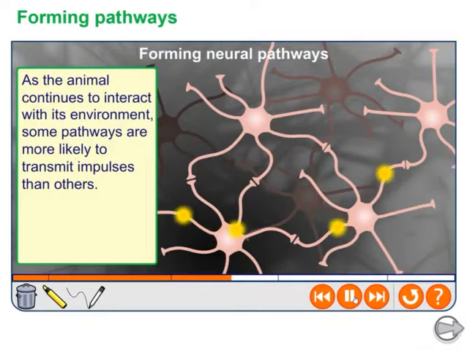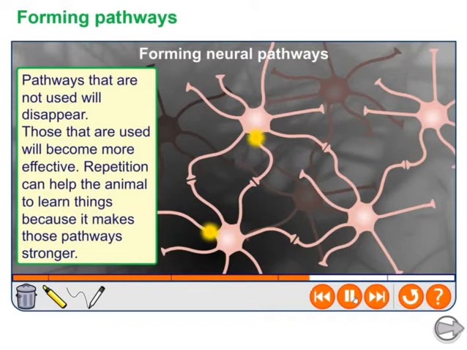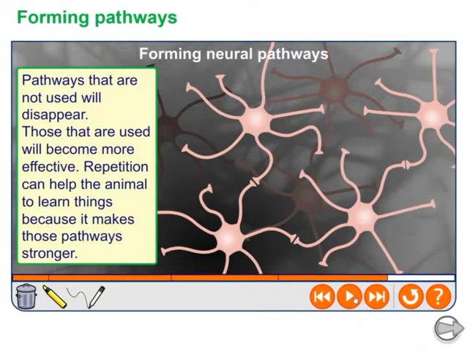Now, as the animal continues to interact, you might have the same experience again, and the same pathway is stimulated. And this repeated stimulation of a pathway actually strengthens it. And experiences that are not repeated, their pathways are lost.